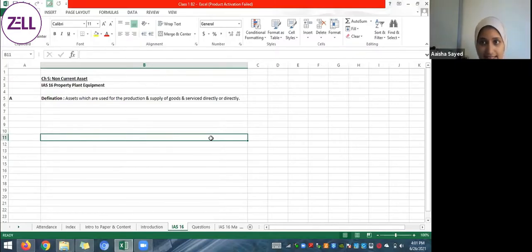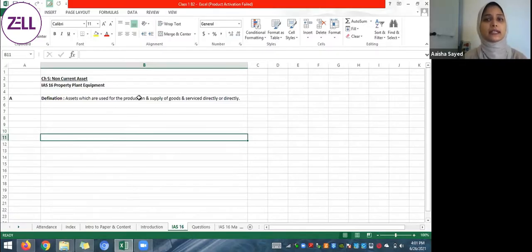Now, when I say this, you also need to understand that items of property, plant, and equipment differ by company. This definition caters to property, plant, and equipment, but an item of property, plant, and equipment for one company would be altogether another item for another company. Like when I was saying Godrej, for them that furniture was not property, plant, and equipment. That was their inventory, the core item they trade in.